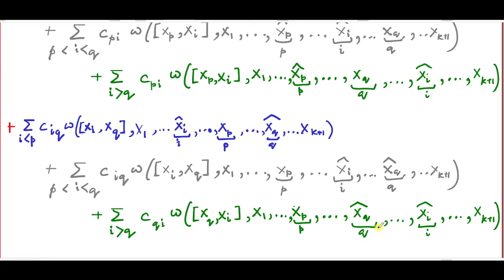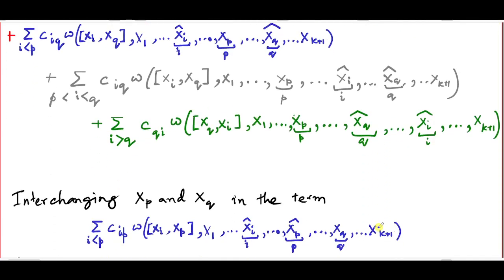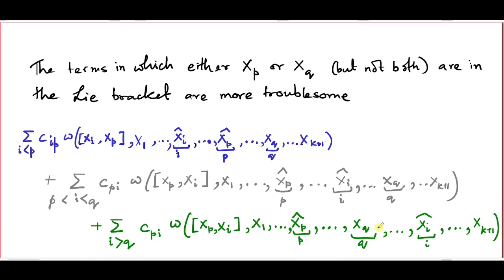Now with this in place, we need to talk about what happens when we replace the vector fields xp and xq by each other. That is, interchange them. Now interchanging xp and xq has to be done for all six terms, but let us take a look at these one by one. What happens when I interchange xp and xq in this term?